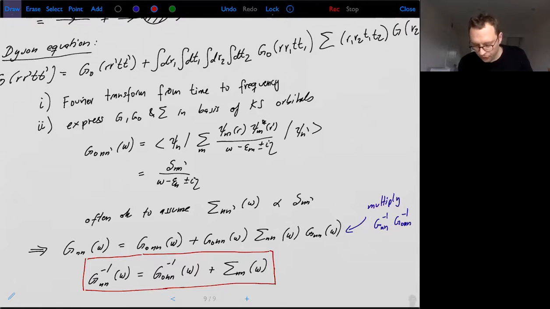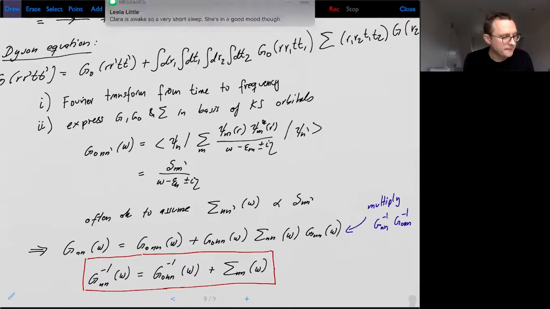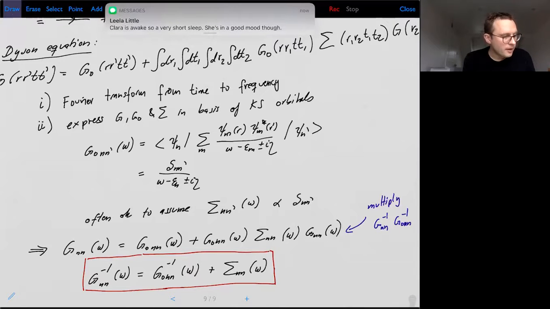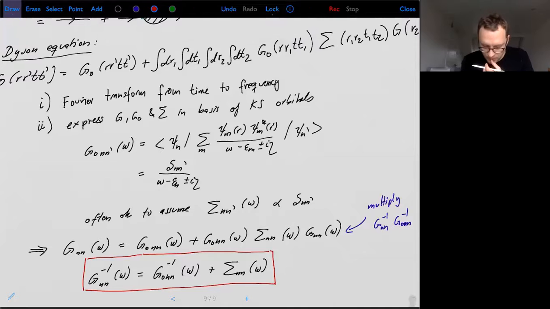Let me just go a little further, and then we'll take a break. We said that the quasi-particle energies are the poles of the interacting Green's function, and the poles of the interacting Green's function are, of course, the zeros of the inverse of the interacting Green's function, right?